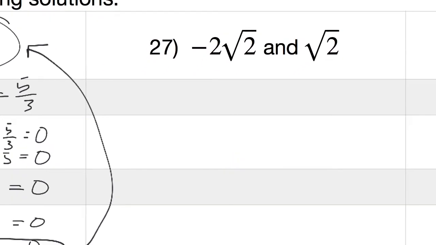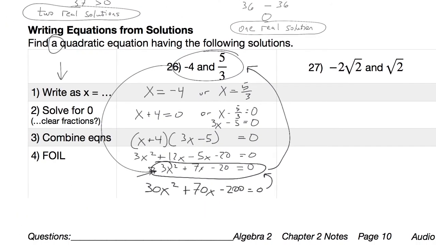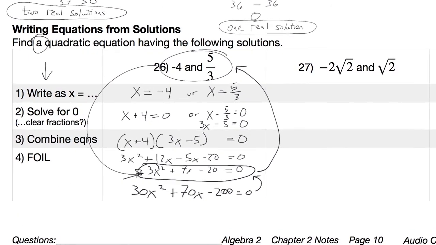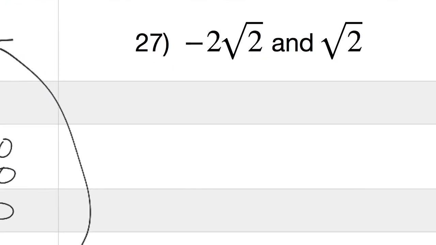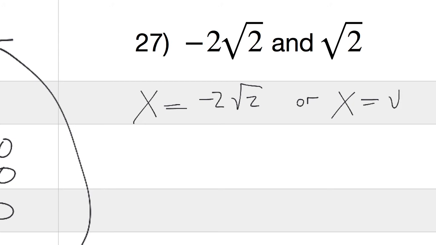Let's do all the steps. Same steps with two different numbers. Write as x equals negative 2 root 2, or x equals square root of 2. Then solve for 0.